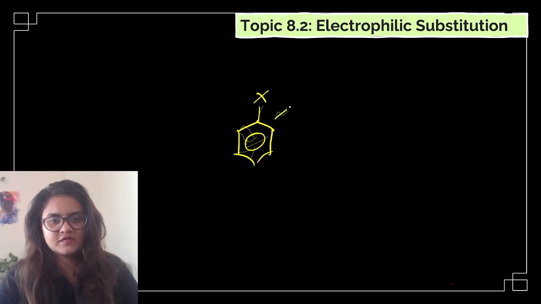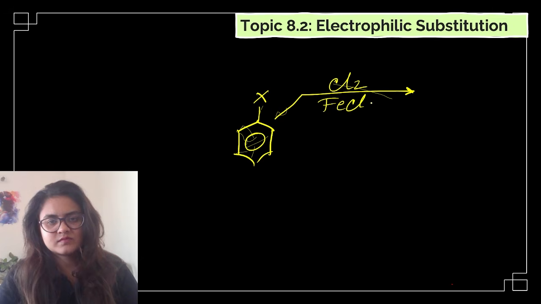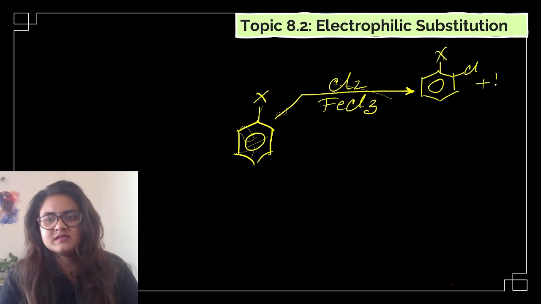At first I will give Cl2 with FeCl3. I will get the ortho and para substituted product. So here with one X, I will get the ortho substituted, plus the same thing I will get one para substituted. This is the halogenation reaction.